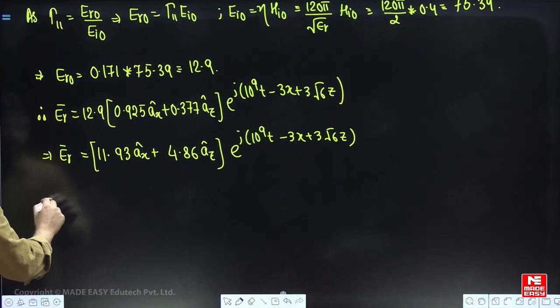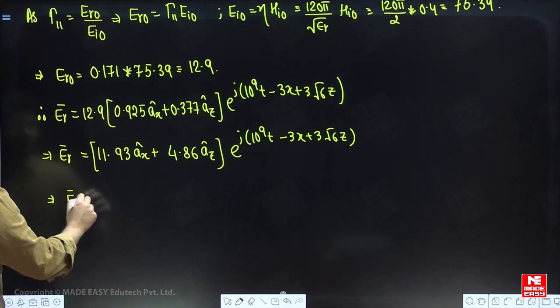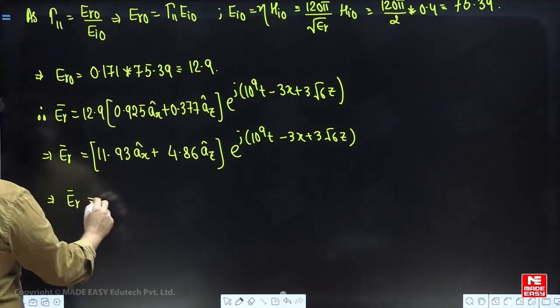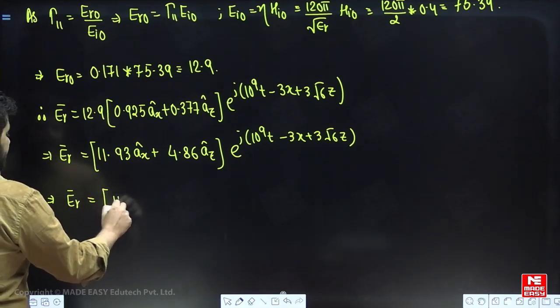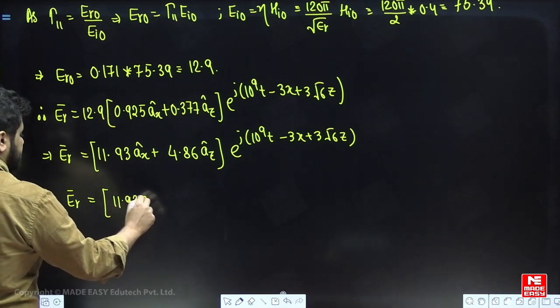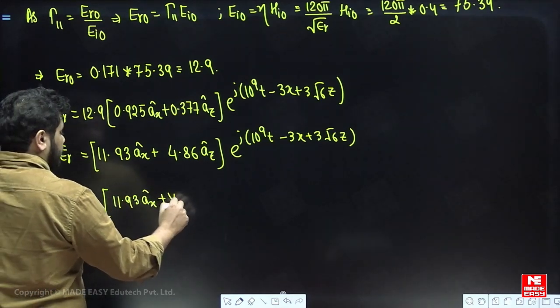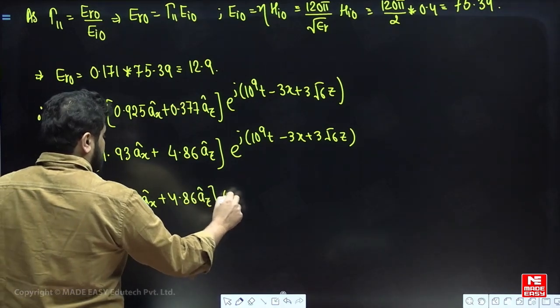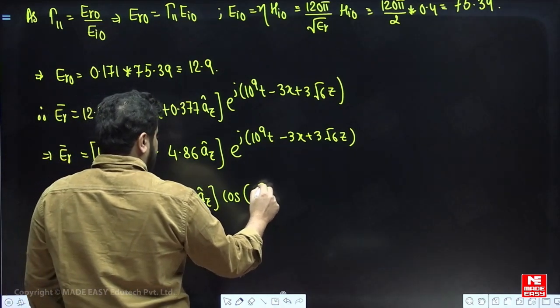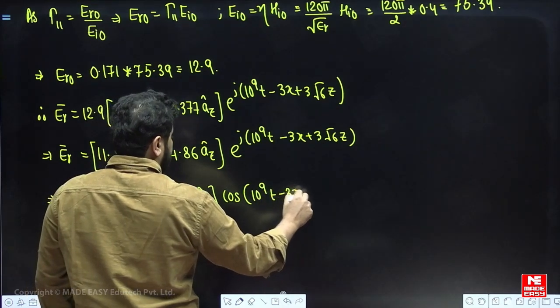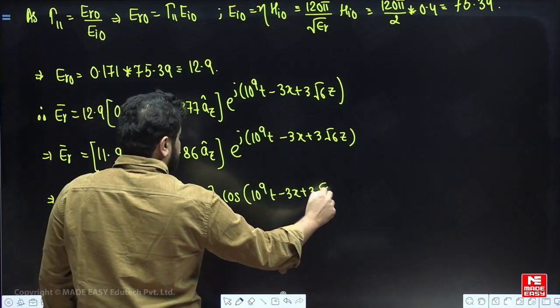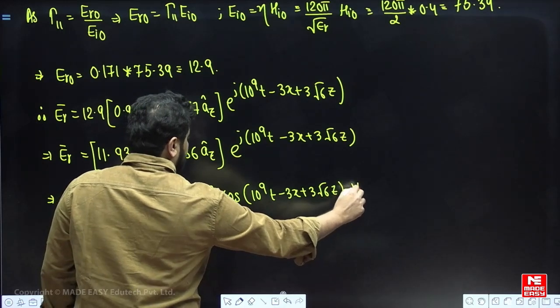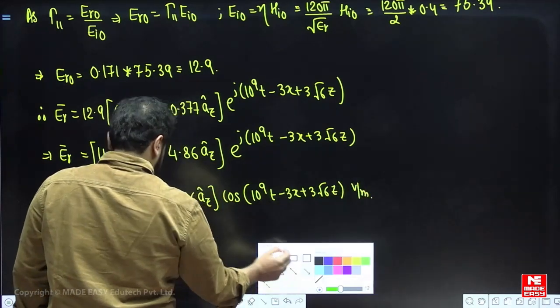Right. So therefore, what is your E r? E r can be written as 11.93 a x plus 4.86 a z cos 10 to the power 9 t minus of 3x plus 3 root 6 times of z volt per meter. So this should be the answer, right.